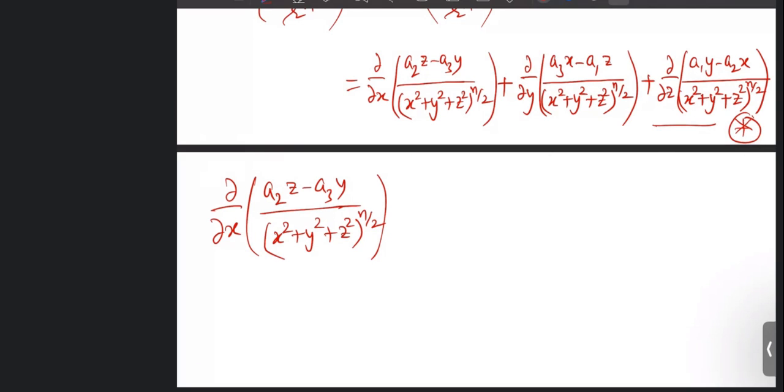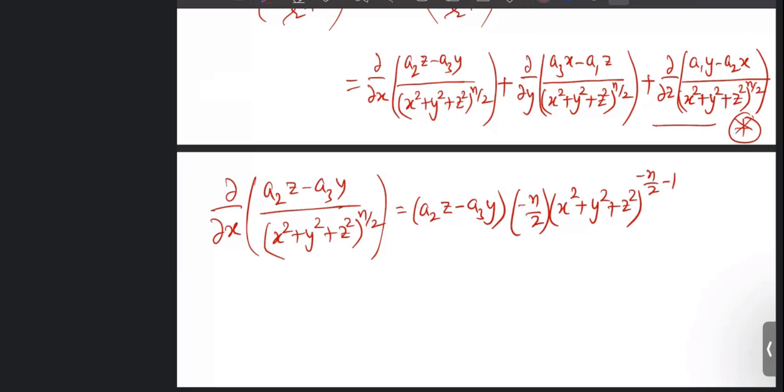So the derivative becomes: a2z minus a3y is a constant, times minus n by 2 into (x square plus y square plus z square) raised to the power minus n by 2 minus 1, into the derivative of x square plus y square plus z square with respect to x, that is only 2x.